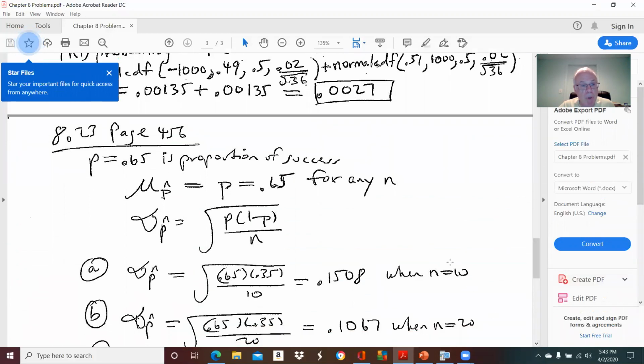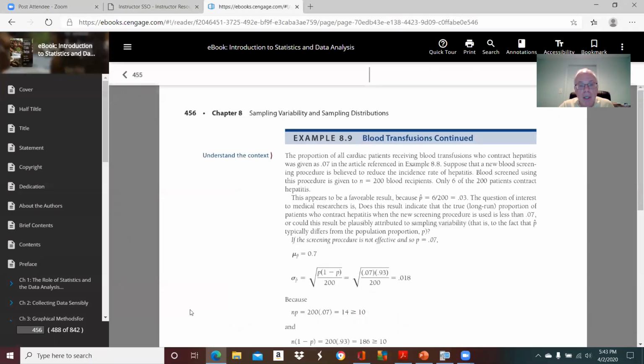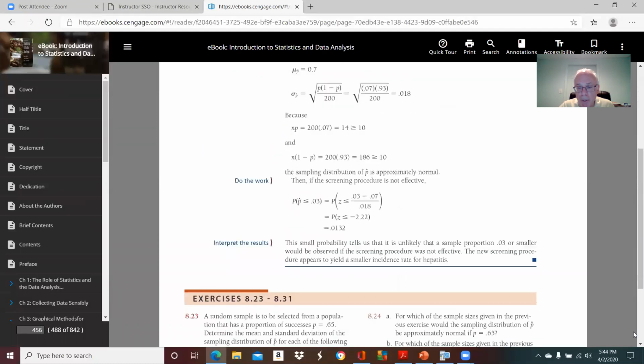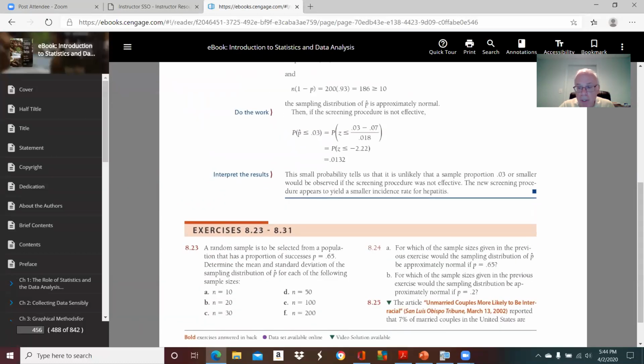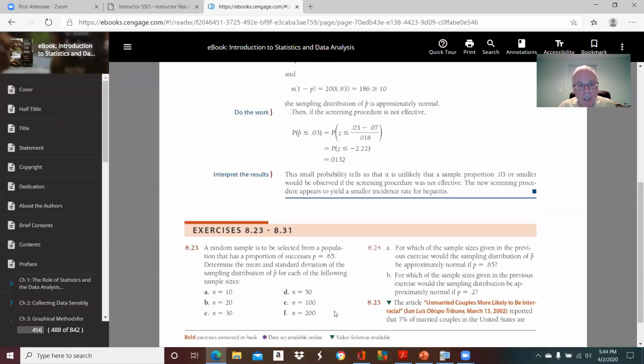Now, this deals with proportions. This is on page 456 of your text. It's number 23. In this particular case, they want you to do what we did earlier, I think it was 8.10, but now we're doing this with proportions.